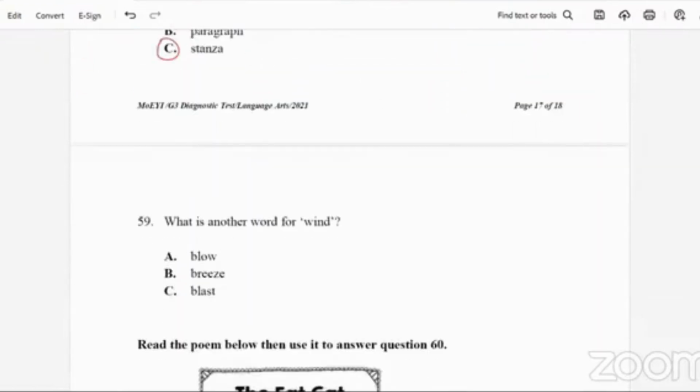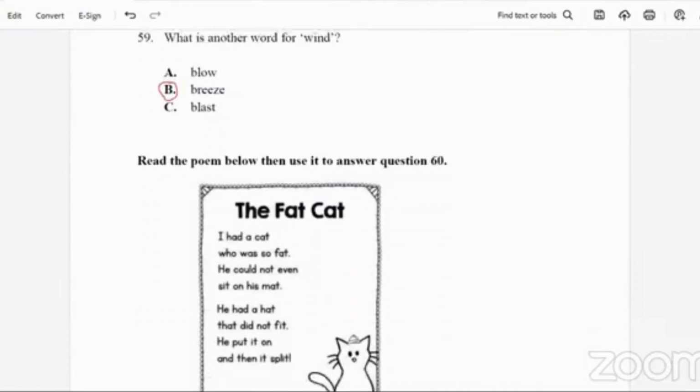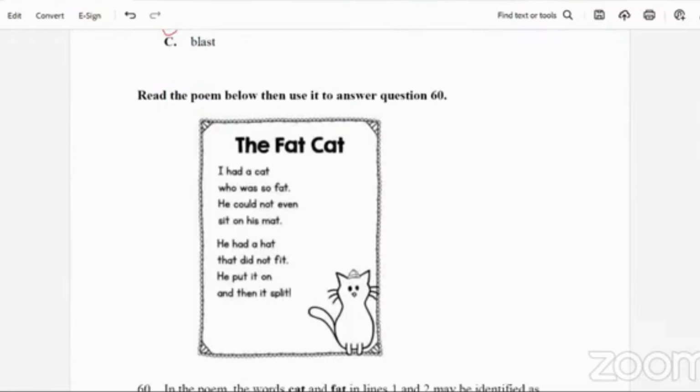All right, what is another word for wind? Is it blow, breeze, or blast? Of course, we know the answer is breeze. That's another name for wind. All right, let's get to the final question. Read the poem below, then use it to answer question 60. The fat cat. I had a cat who was so fat he could not even sit on his mat.